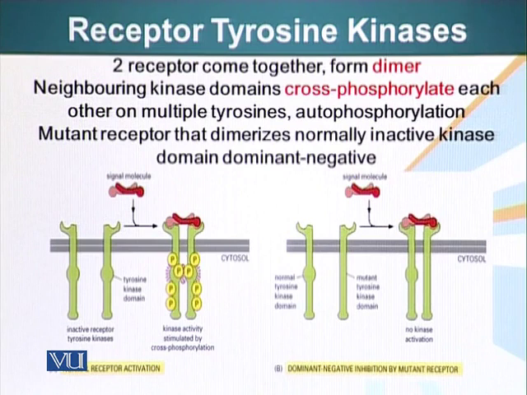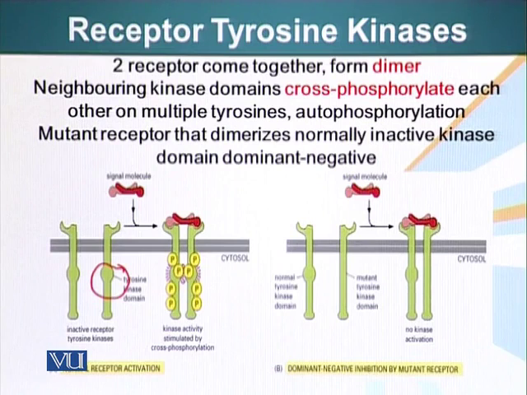What do I mean by that? The two receptors have to come together, and when they come together, their cytoplasmic domains, sitting in close vicinity of each other, have a weak kinase activity. Here, for example, is the kinase domain of this receptor.